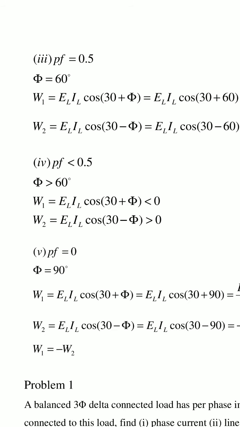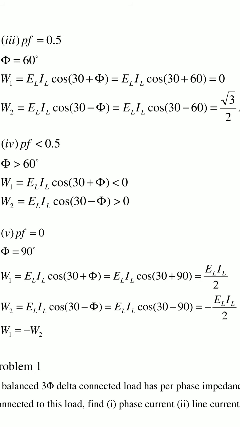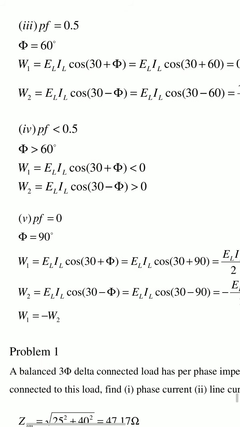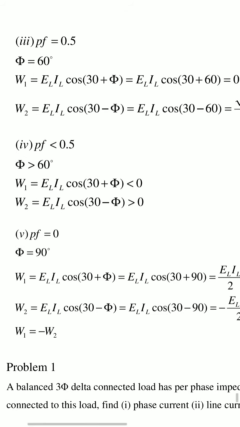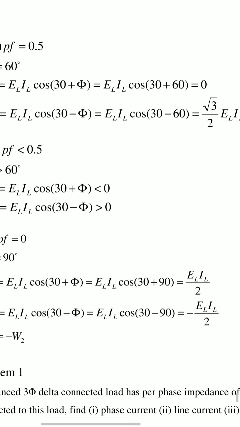Now power factor is 0, that is phi is equal to 90 degrees. Here both readings are opposite: the magnitude is the same but the sign is different. W1 is equal to E_L I_L cos(30 plus 90), that is equal to minus E_L I_L by 2.